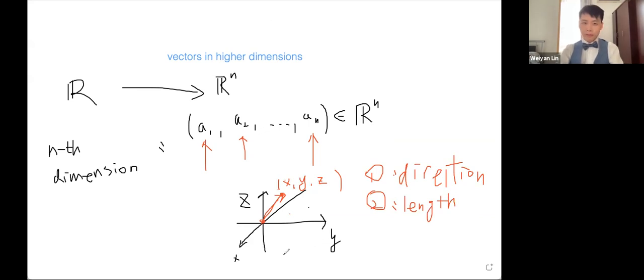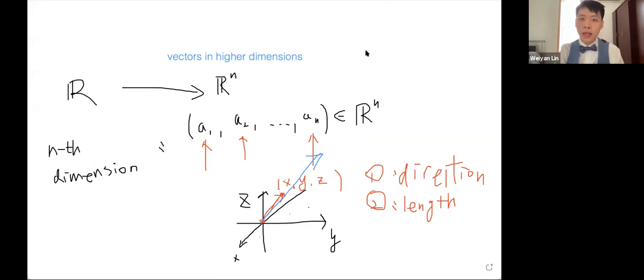All right. So a vector may have the same direction as this vector, but a different length. If we just elongate this arrow, it still lies in the same direction, but it has a different length.